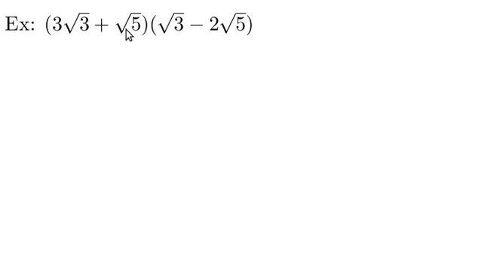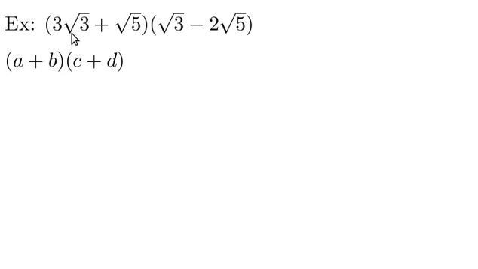So what we have here is essentially two binomials. I know it looks daunting, but ultimately it's not very different from, let's say, A plus B times C plus D. This is ultimately the same thing.